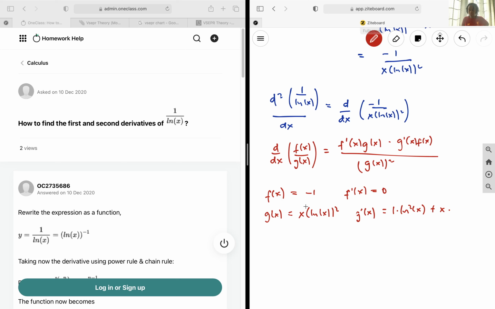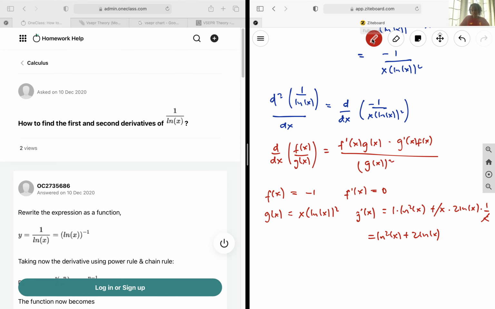For this, you can use substitution and you will get 2 ln x, and then 1 over x, as the derivative of ln x itself. These two will cancel, and you will get ln squared x plus 2 ln x.